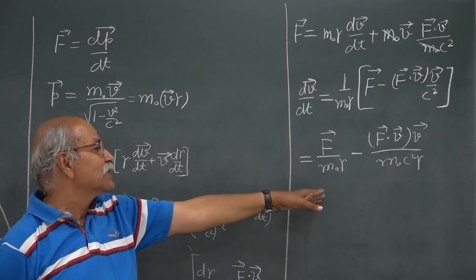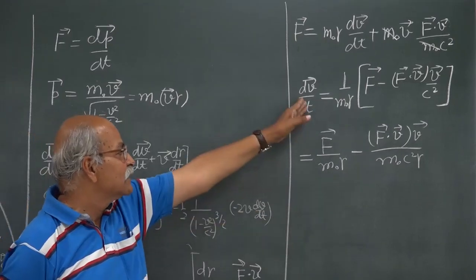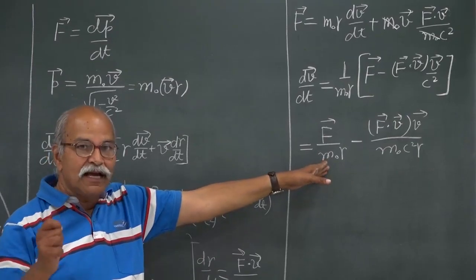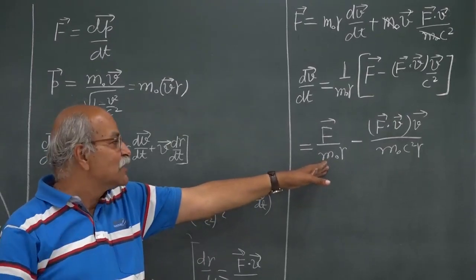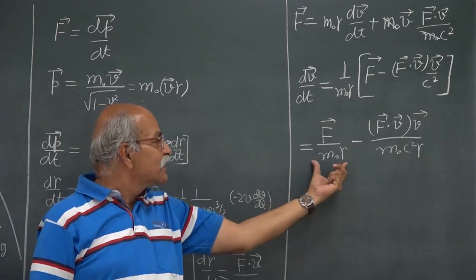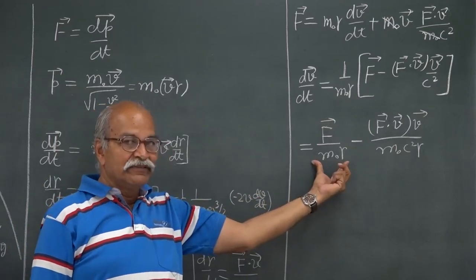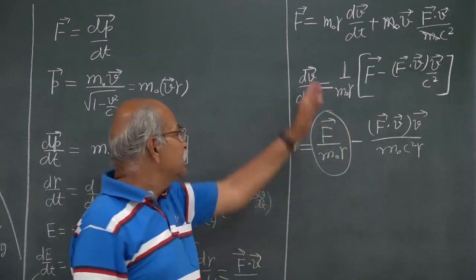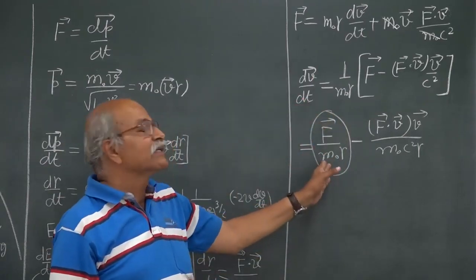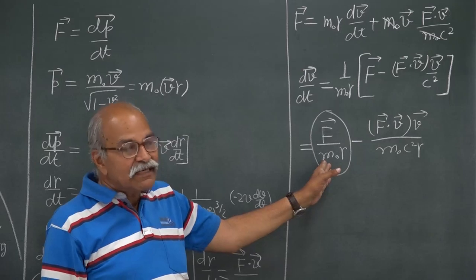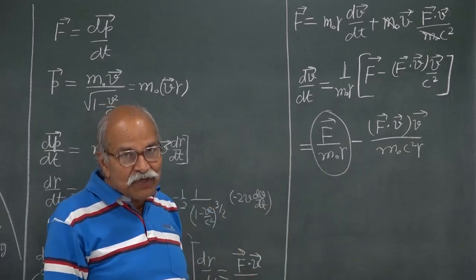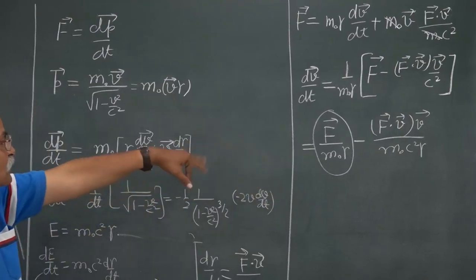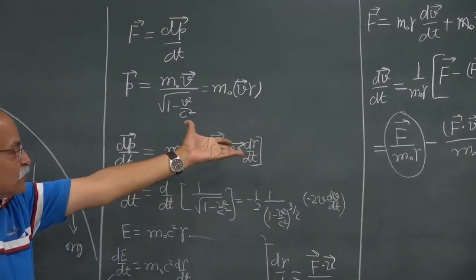In Newton's law, it was a very simple relation: acceleration is force divided by mass, and if you still have attachment with relativistic mass, this is that relativistic mass m naught gamma. So, Newton's law would be dv/dt equal to force divided by, let us say, relativistic mass, but it is of no use, because putting that relativistic mass in Newton's law does not give the right equation.